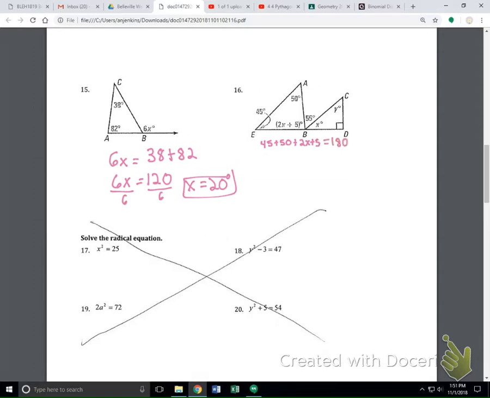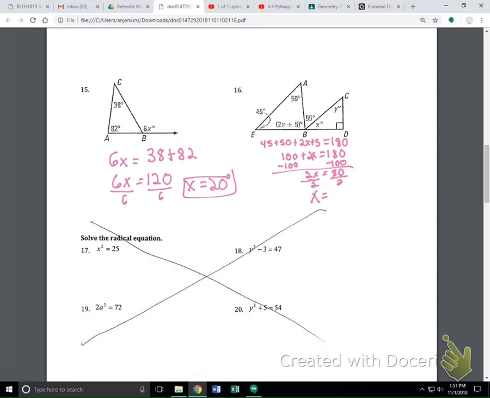This is a really nice method to start with. So we combine our like terms, so we end up with 45 plus 5, which is 50, plus 50, which is 100. And then we have 2x plus 100 equals 180. We want to combine those like terms, so we're going to subtract 100 from both sides. We end up with 2x equals 80. Divide by 2. x equals 40.